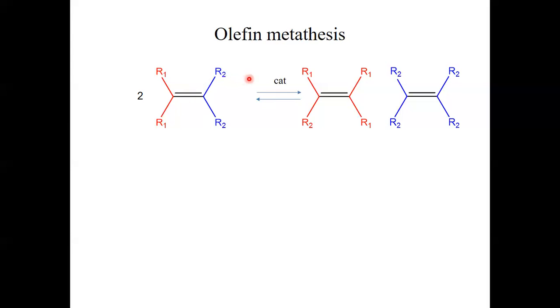So you do not only have the forward reaction, but of course the products can also undergo the same olefin metathesis, and you also have the backward reaction. In order to get a reasonable yield, you therefore usually look for a way to drive the reaction to the right side, and there are different ways to do this, and I will show you how that works.